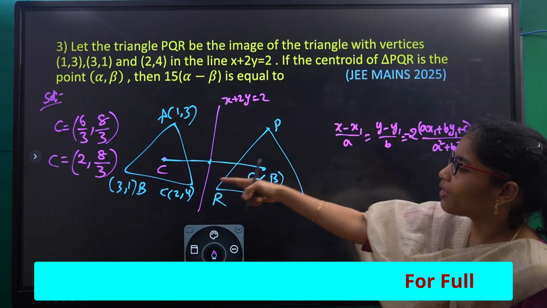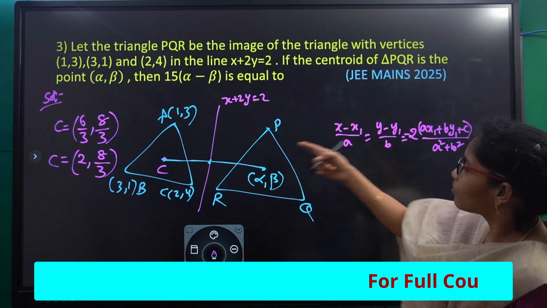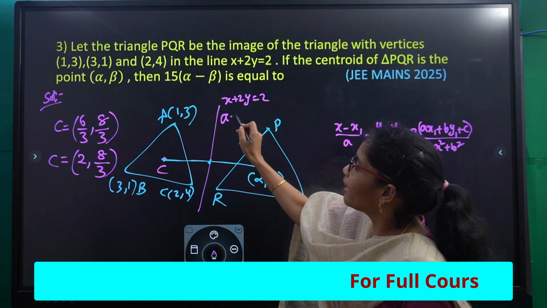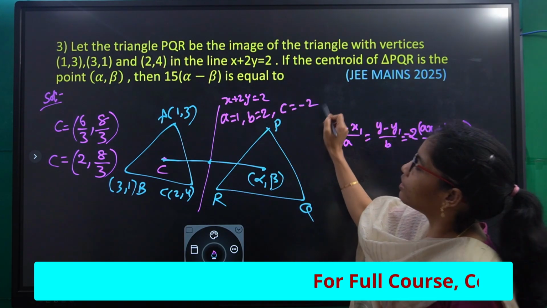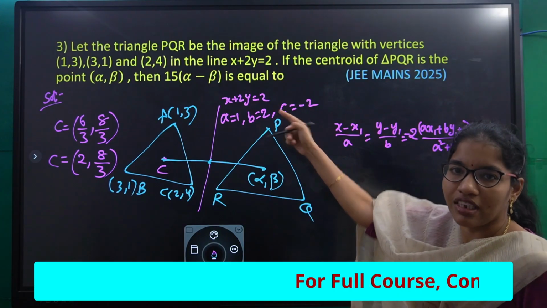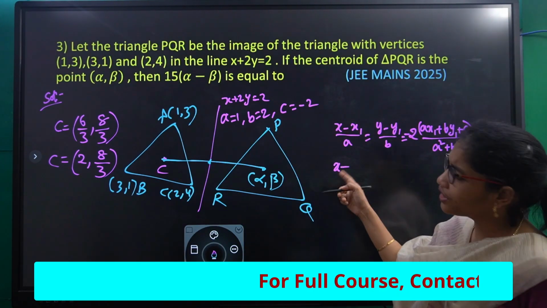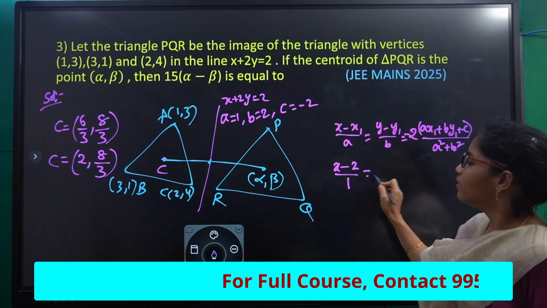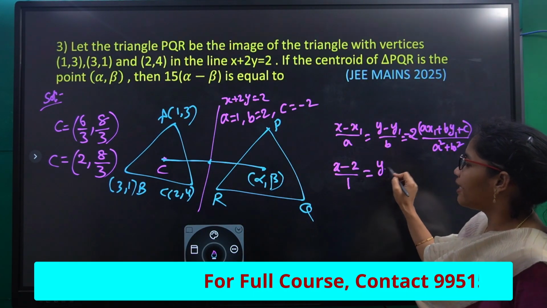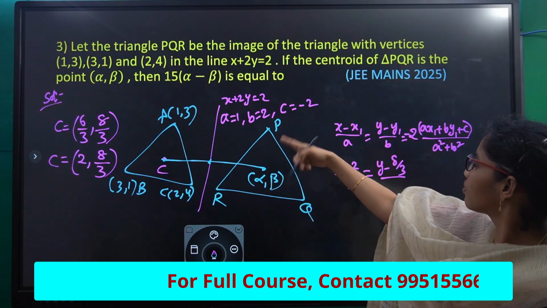So what is x1, y1? 2 comma 8 by 3. And here what are a, b, c? a here is 1 and b is 2 and c is minus 2, because you have to take the line as ax plus by plus c equal to 0. Substitute here, what will you get? (x minus 2) by 1 and (y minus 8 by 3) by b, how much?